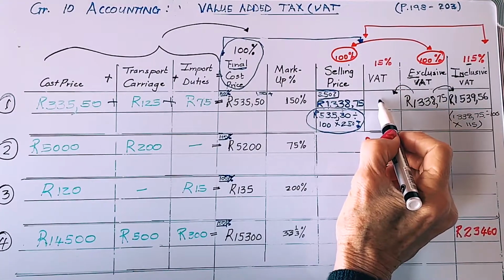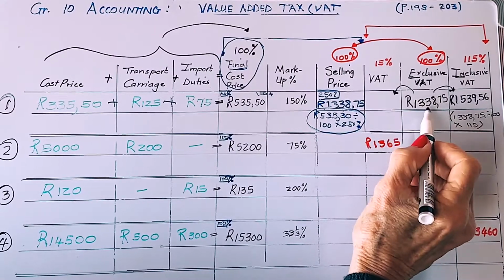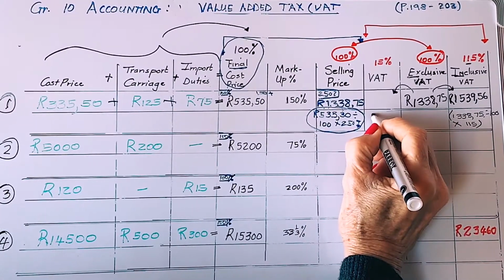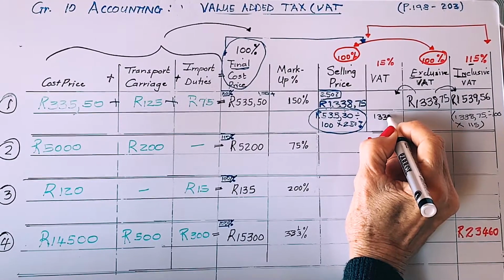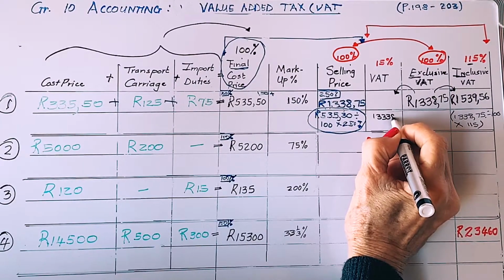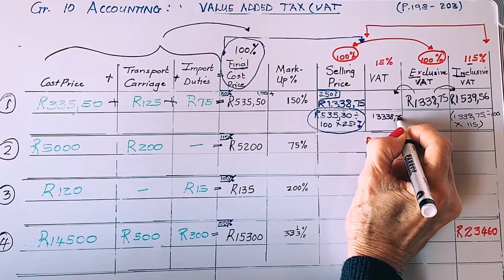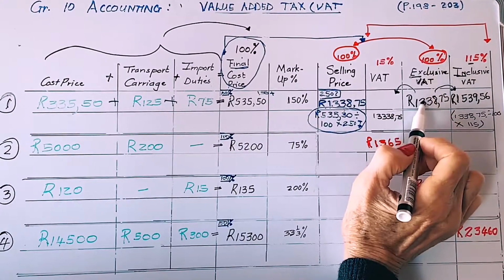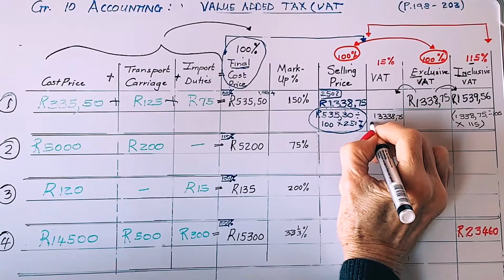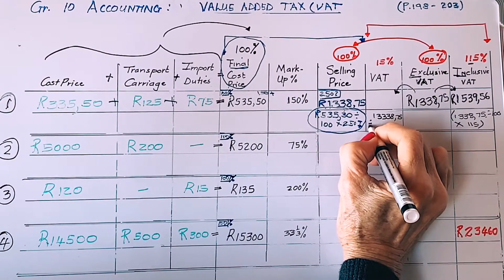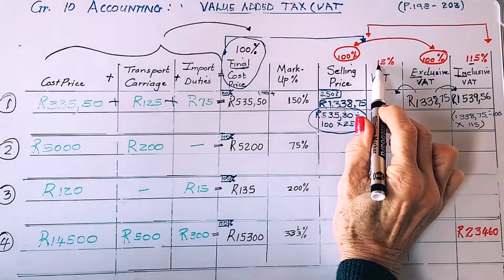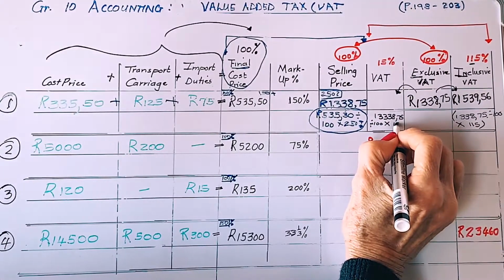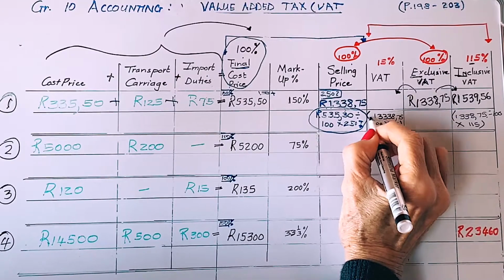If I want to calculate my VAT amount, I can also start with my inclusive amount of R1,538.75 divided by the value that it takes on if I work with VAT, which is 115, times by the 15. That's the one that I want to calculate.